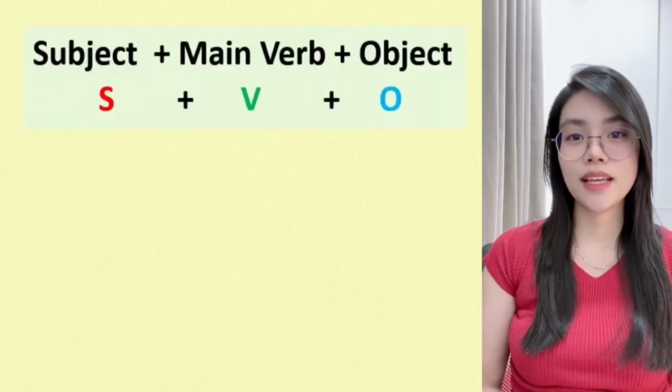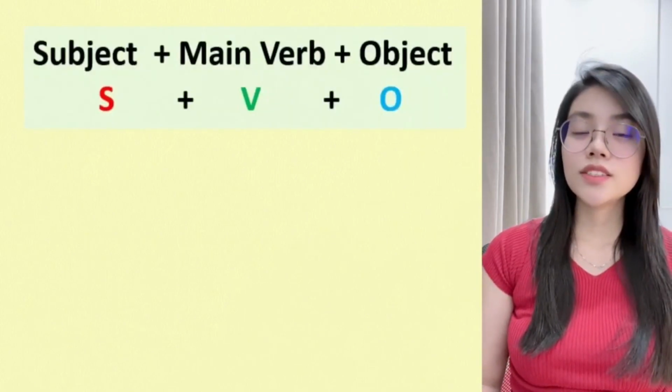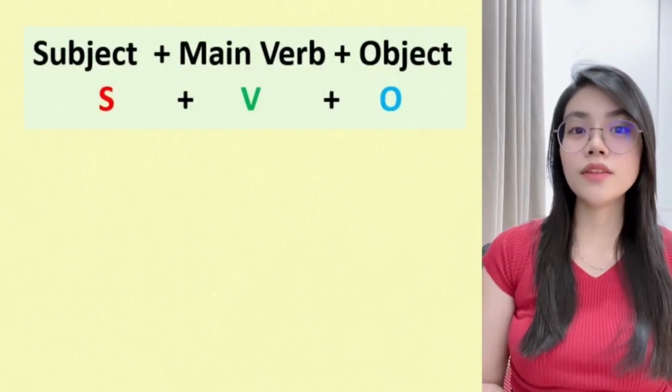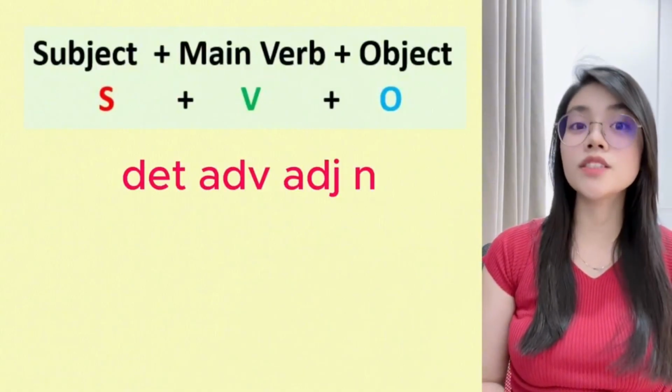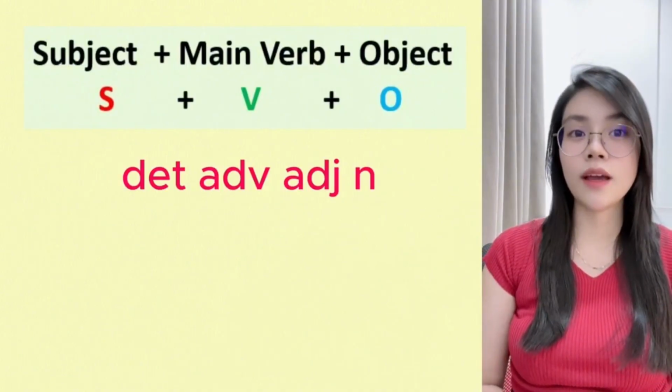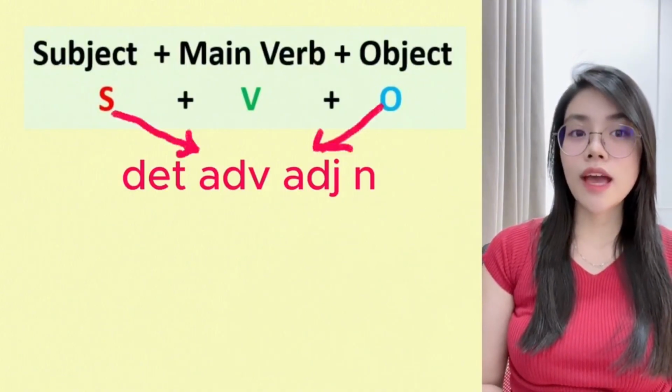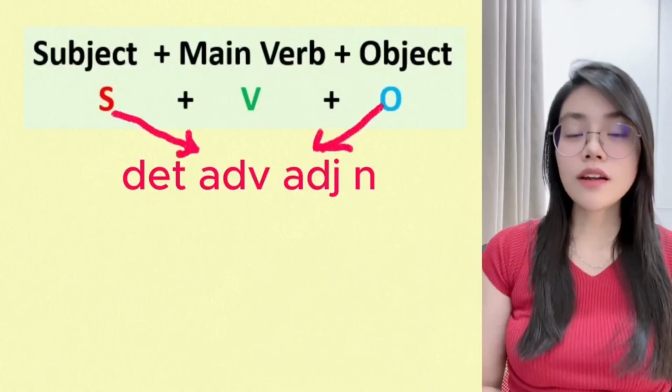Alright, now here is a general formula for forming an English sentence. Let me explain. The subject and object follow the formula determiner plus adverb plus adjective plus noun. But the determiner, adverb, and adjective are optional.